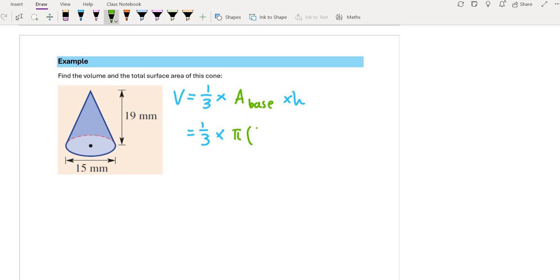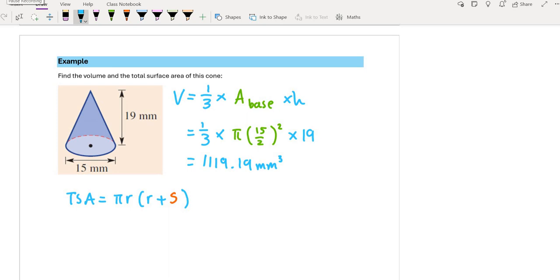So you can do that in your head, or you can leave it as half of 15 squared, and then instead of h we'll write 19 as well. So if you just put this into your calculator, it should give you a value which is about 1119.19 millimeters cubed, and that's going to be our volume.